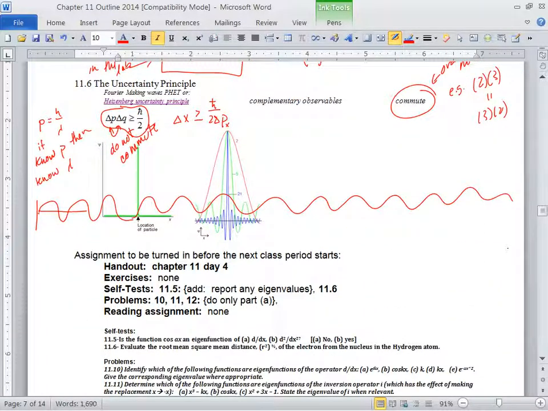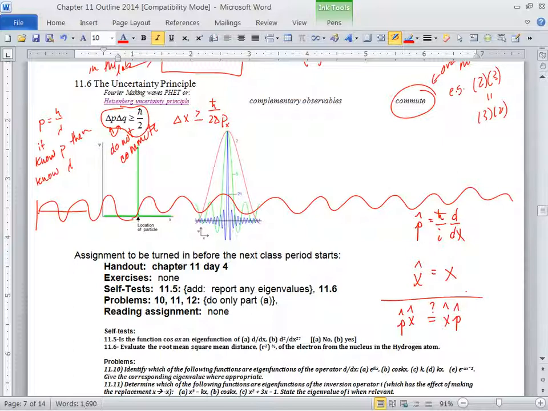Right? Because p hat, that's how you define the operator of momentum in the x direction, h bar over i d dx. x hat is just multiplied by x. So if you took the two and tried the order, p hat x hat, is that equal to x hat p hat?